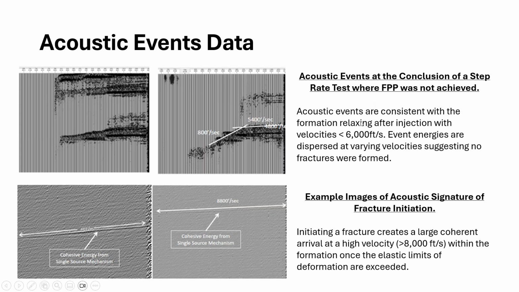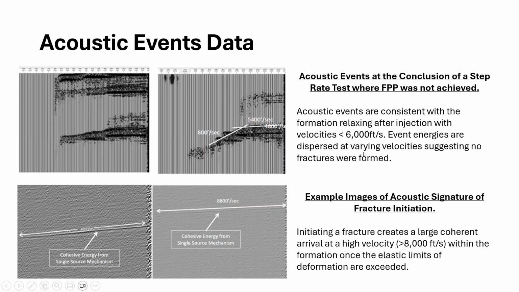The acoustic events are consistent with the formation relaxing after injection had occurred, with lower acoustic velocities below 6,000 feet. You can see there's a variation in velocities as the formation relaxes. This is 800 feet per second, this is 5,400 feet per second, and this is 4,800 feet per second at varying depths.